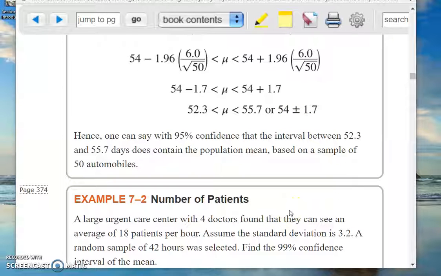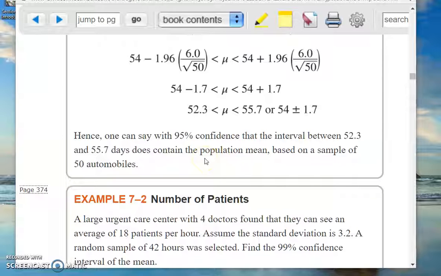So what do we say at the end of all this? I can say with 95% confidence that the interval between 52.3 and 55.7 days does contain the population mean, and that's based on a sample of 50 automobiles. I'm 95% confident.